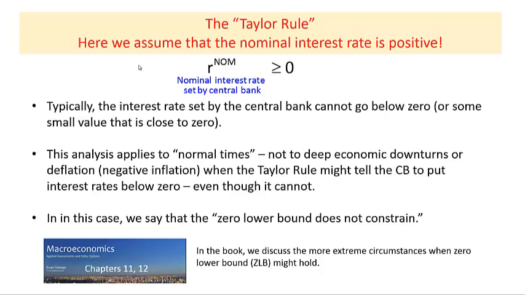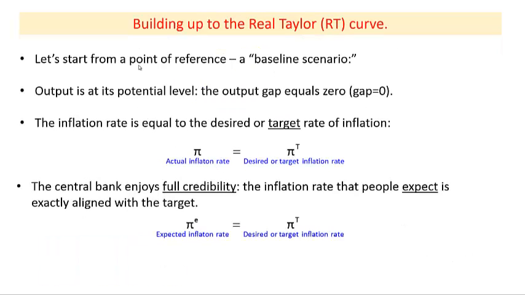Well, for now, we're going to be ignoring those cases. We're going to say that the zero lower bound does not constrain. If you want to know more about the zero lower bound, you might want to look at chapters 11 and 12 in the book.